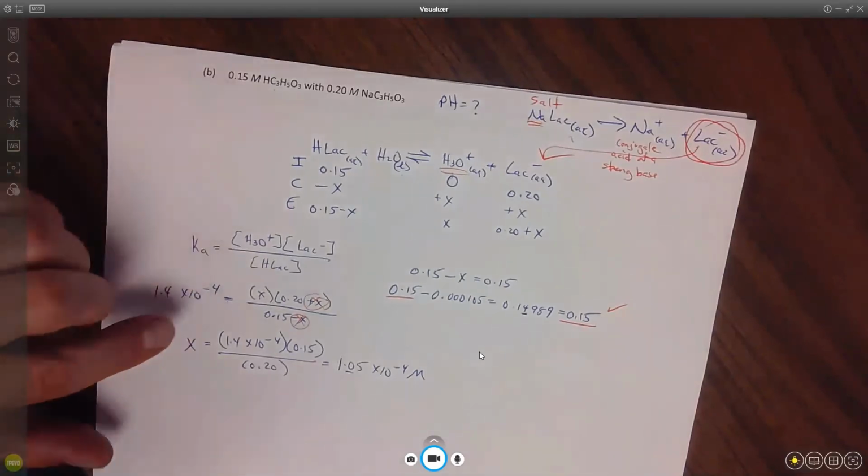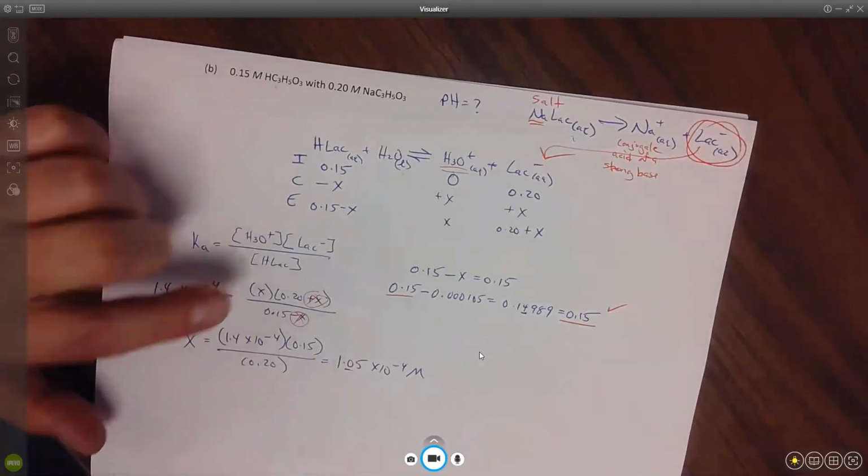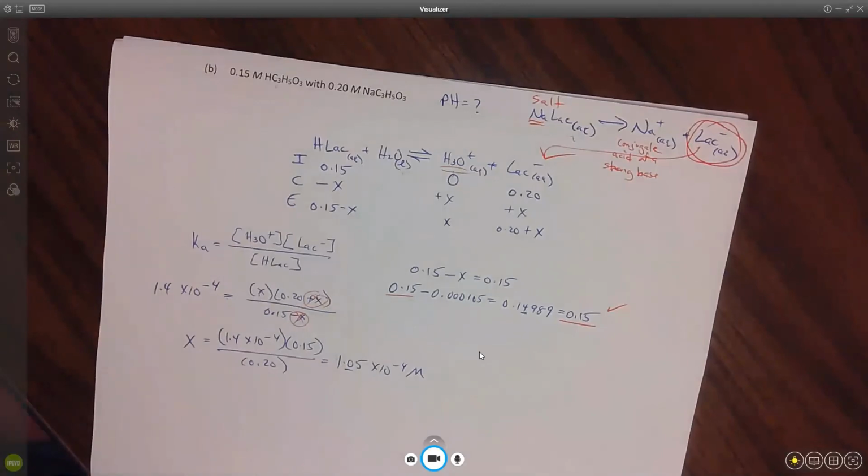I'm going to have to take this entire expression here and put it in the quadratic form, a times x squared plus bx plus c is equal to 0. And then plug it into the quadratic formula and I'll get the 2 values. The one that gives me the positive concentration at equilibrium would be the value that we would use.